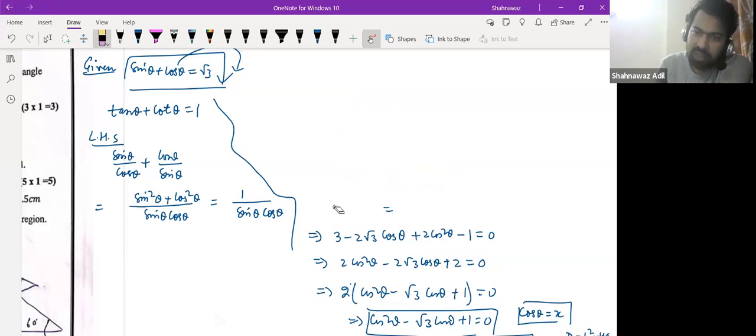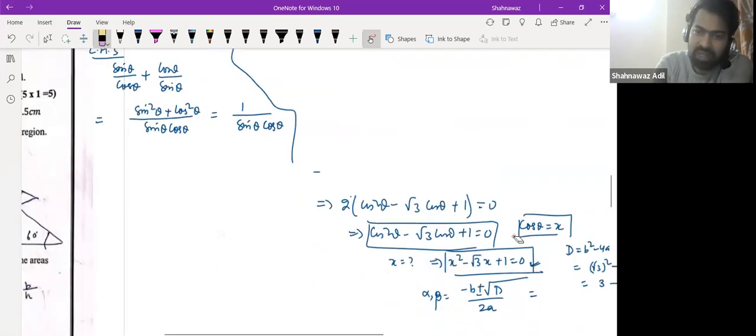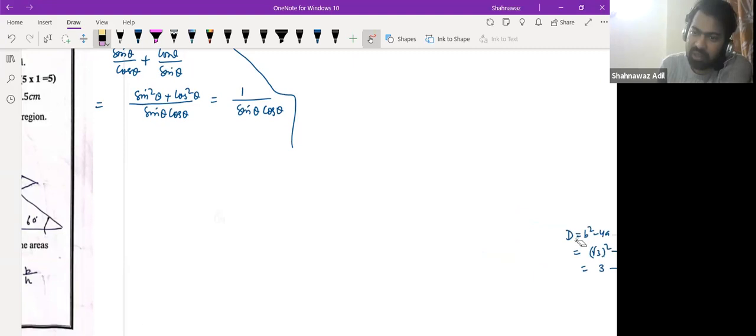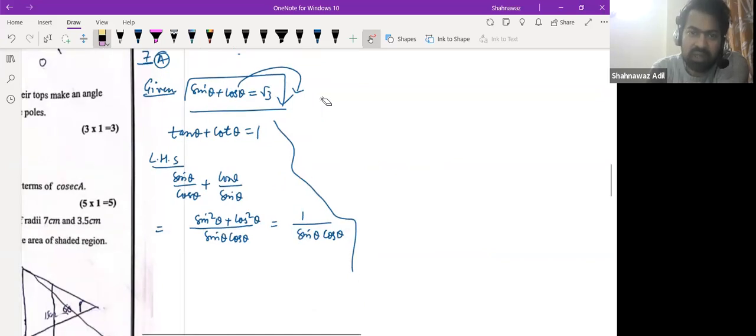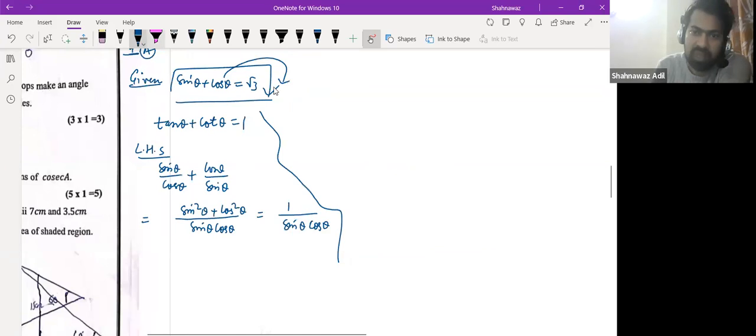Remember, we have to find out this 1 minus sine theta cos theta. There is another simple way that we can do this problem, right? Because this is root 3, how can we get rid of this root 3?